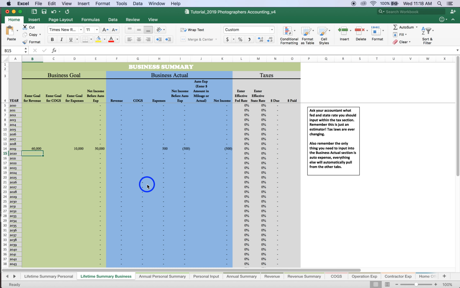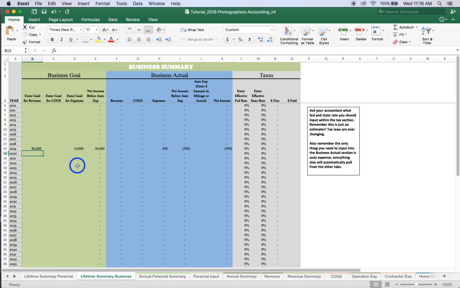If you're a wedding photographer, and let's say you have 15 weddings booked for the year, and you already know how much you pay that second shooter, go ahead and include that right here, where we have the 10,000.